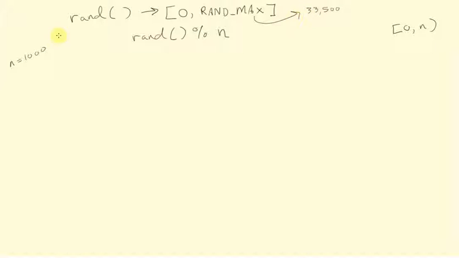This changes given your C++ implementation. Imagine here we have the beginning and the end of our range from 0 to rand max, and I'm just going to draw it out here. Alright, cool.